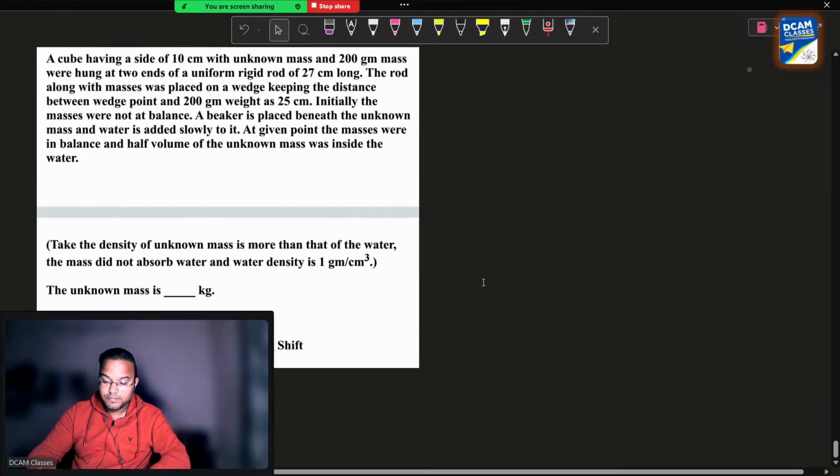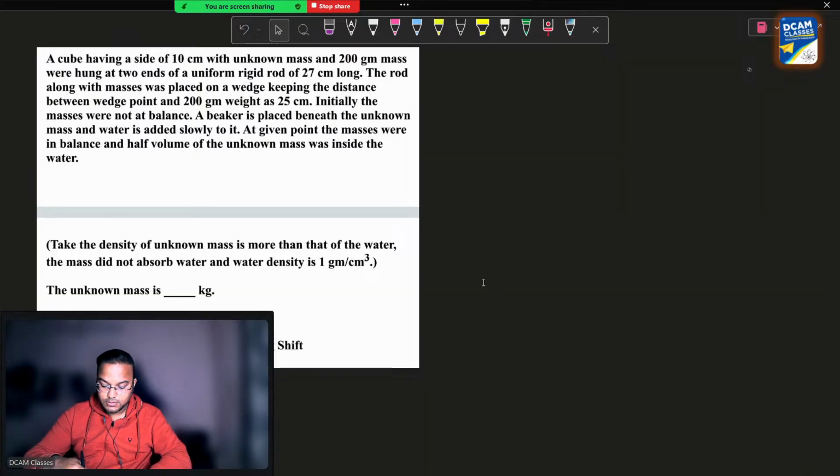So I can draw the diagram also. I can show you the diagram also here.